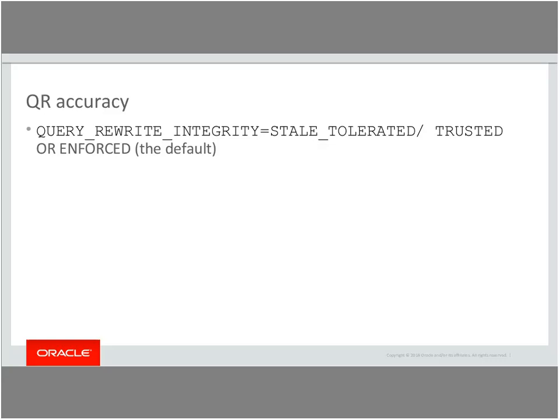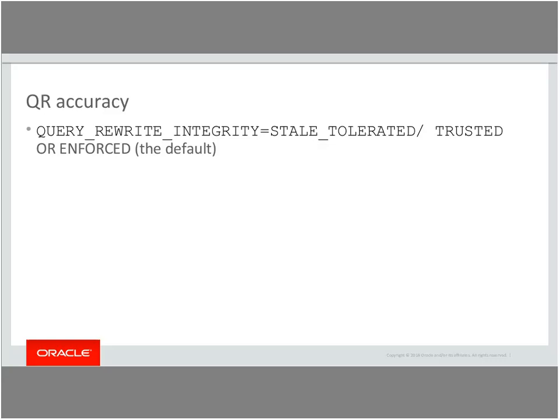It also trusts declared but not validated, enabled validated primary or unique key constraints and data relationships specified using dimensions. This mode offers greater query rewrite capabilities but also creates the risk of incorrect results if any of the trusted relationships you have declared are incorrect.